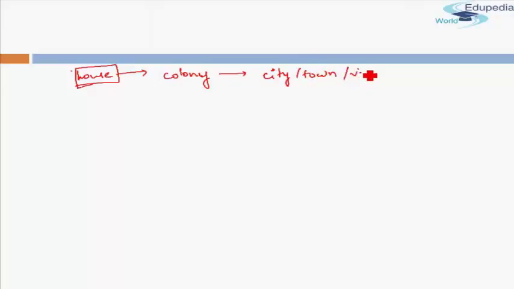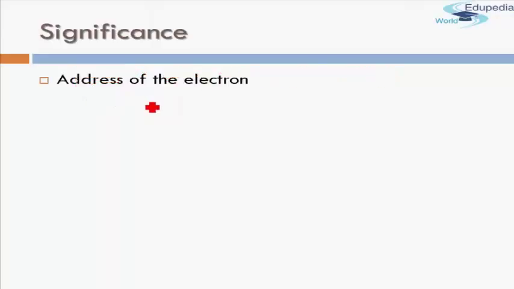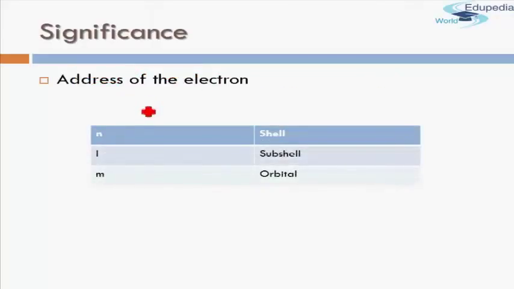So basically I'm talking about the address of your home. Similarly, I can talk about the address of the electron. So quantum numbers in a way give me the address of the electron, where it is located.